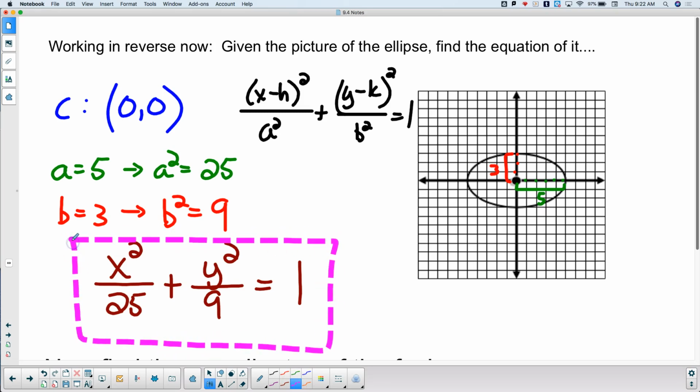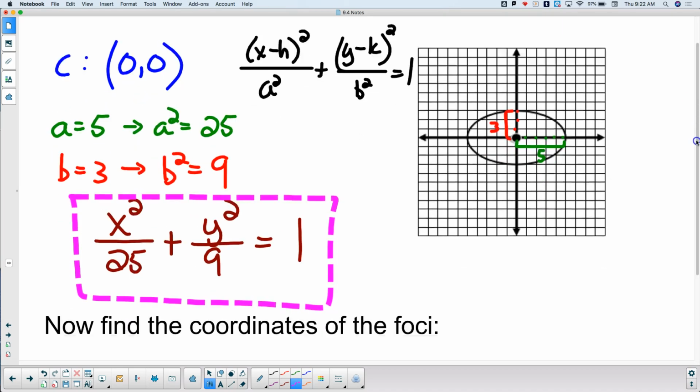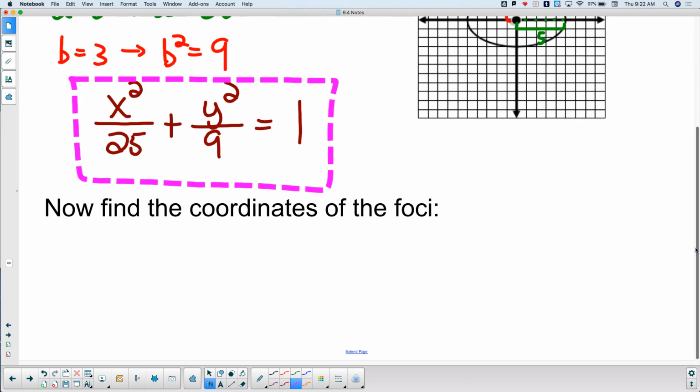Now that I've found my equation, now I can say, given the equation, find me the coordinates of the foci. How would I do that? C squared equals absolute value.